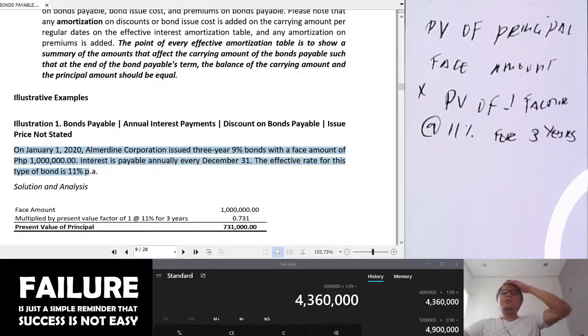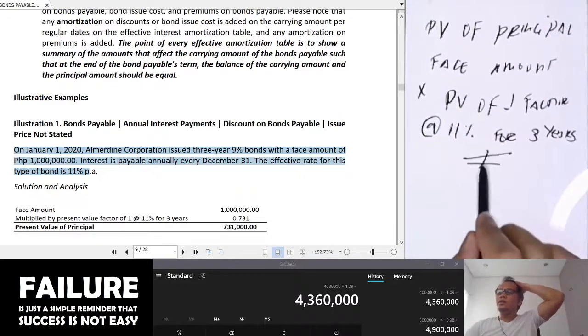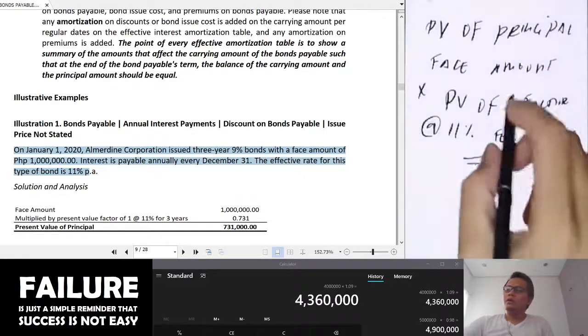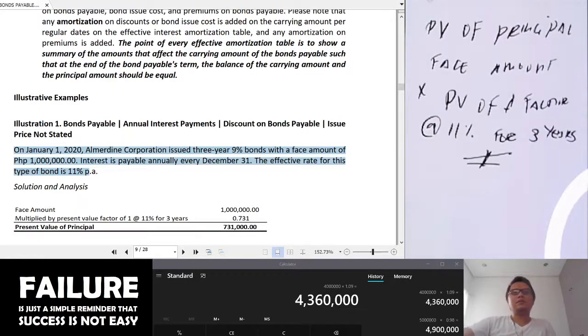So, we need to first determine this factor.